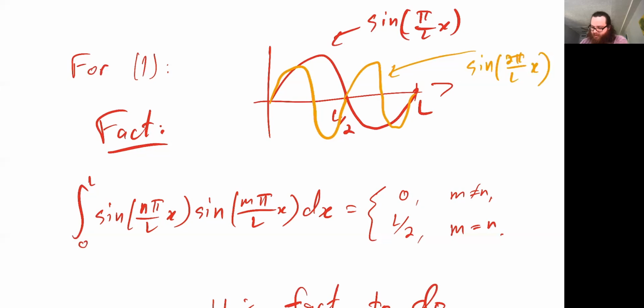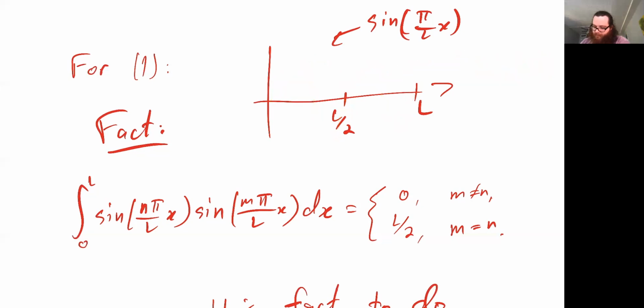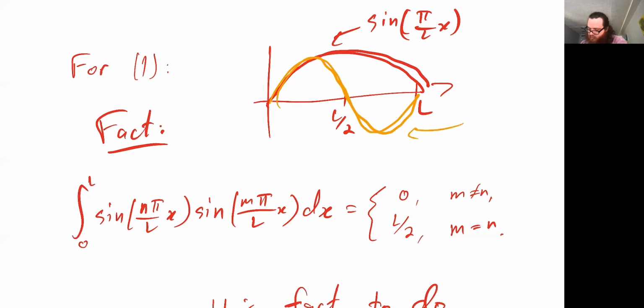Yeah, okay, thank you for your patience. The picture should actually be, this is sine of pi over L, and then this is sine of 2 pi over L x.